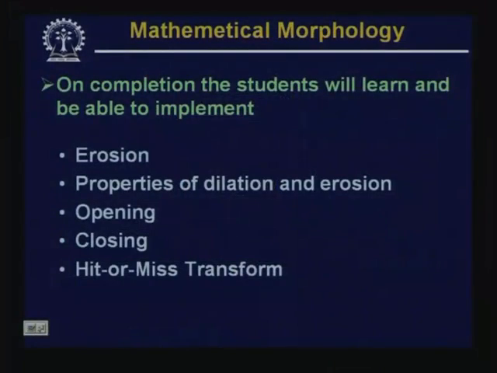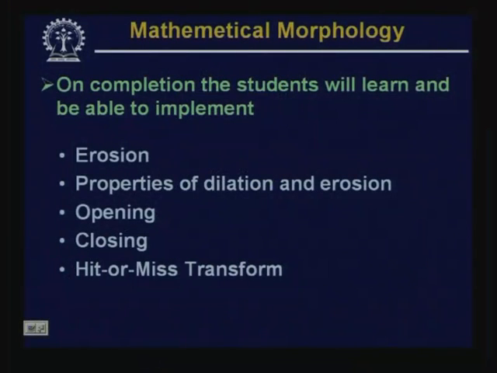Then we will come to another application of this morphological operation, which is called the hit or miss transformation, and this hit or miss transform is actually aimed to detect an object of a specific shape and size in a given image.